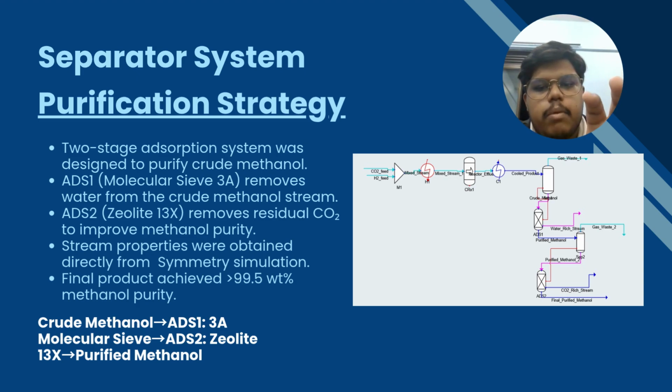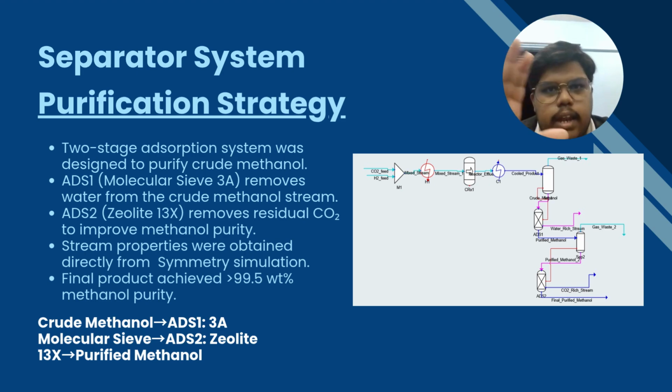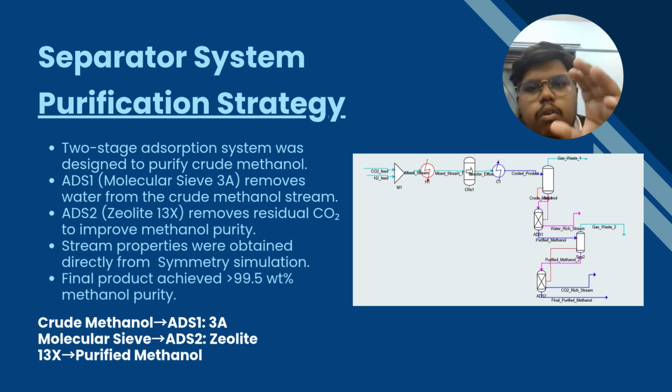The dehydrated methanol then flows to ADS2. You can see it flows down there, and ADS2 contains zeolite 13X, which removes the remaining carbon dioxide and acts as the final polishing step. So the process sequence is crude methanol followed by ADS1 and ADS2 and finally purified methanol.